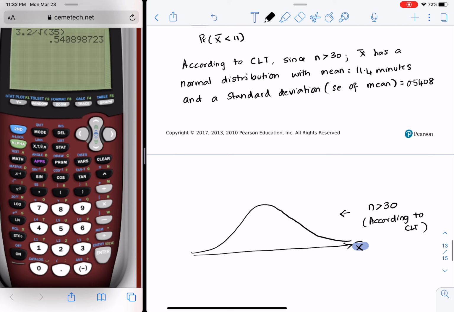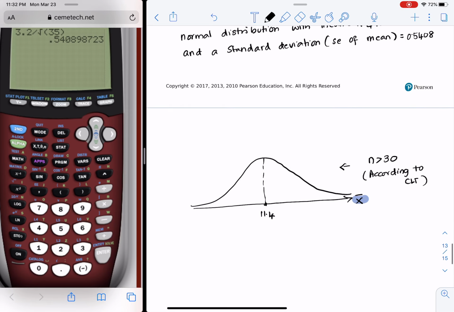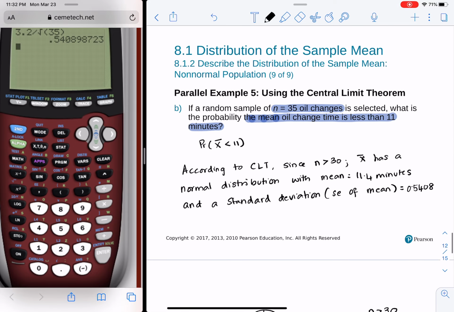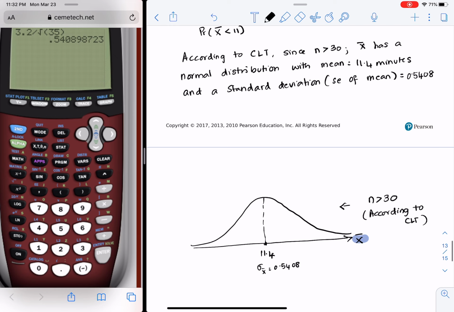So now the mean happens to be 11.4 for the sample mean also. The standard error, on the other hand, is 0.5408, which is the standard deviation of the sample mean. So we are trying to find the probability that the average of the 35 oil changes is less than 11. So 11 is over there, and we try to find the probability.